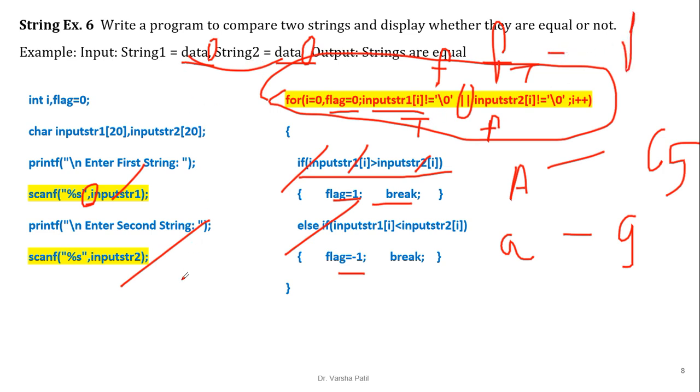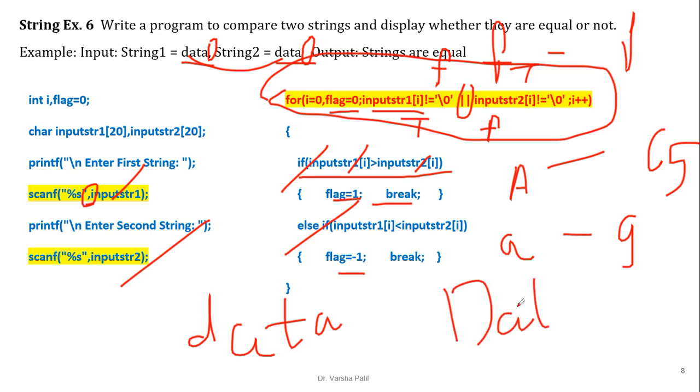And here, for example, if you are using Data and if you are using data, the first character capital D is greater than the small one's value, so it will make flag equal to 1 and break. And break is always from the loop and not from the condition, and there is only one loop, so when you use break, it will come out of this loop.